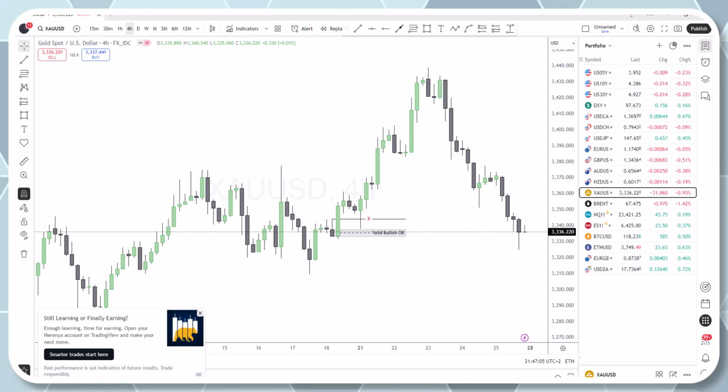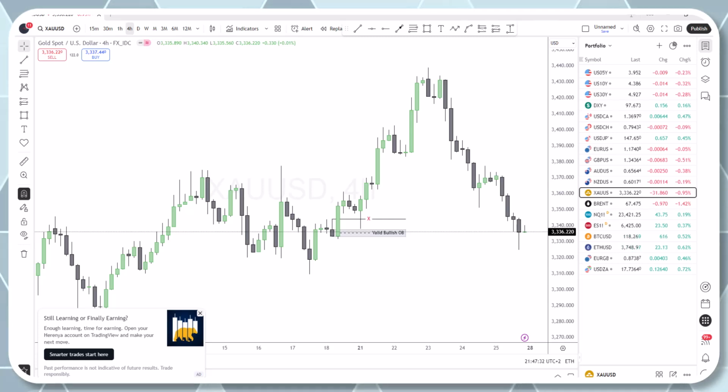No weak rejections. We're looking for displacement, strong momentum, and the creation of a fair value gap, which then confirms real money stepping in. So in terms of the impulsive move away, guys, we need aggressive movement. I'm going to repeat, we need aggressive movement away from the order block.